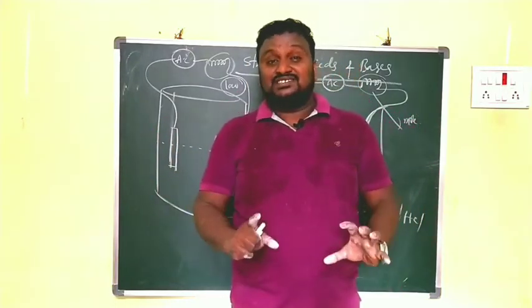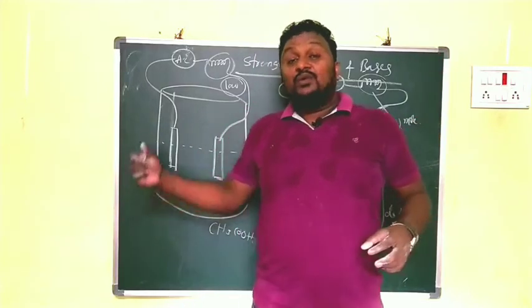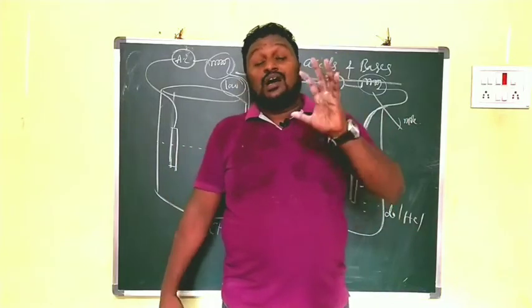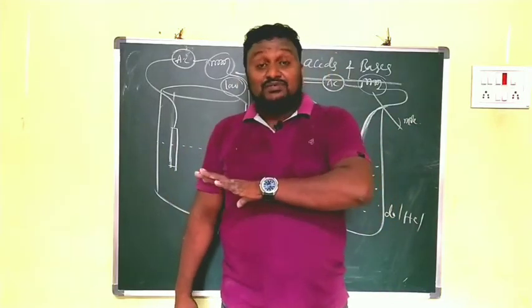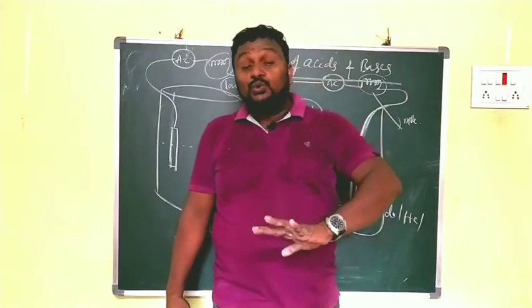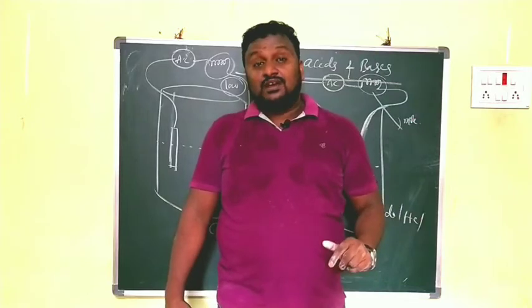So what's the reason? Why does the bulb glow more in this case and very less in this case? Even though both belong to acids, based on this activity acids are classified into strong acids and weak acids. Clear?